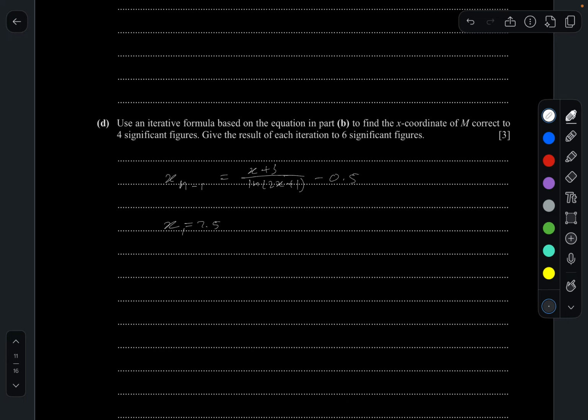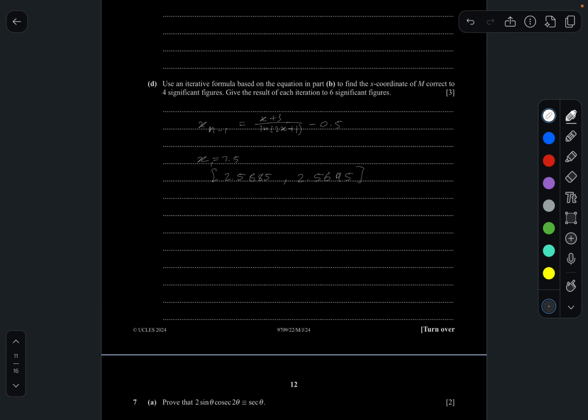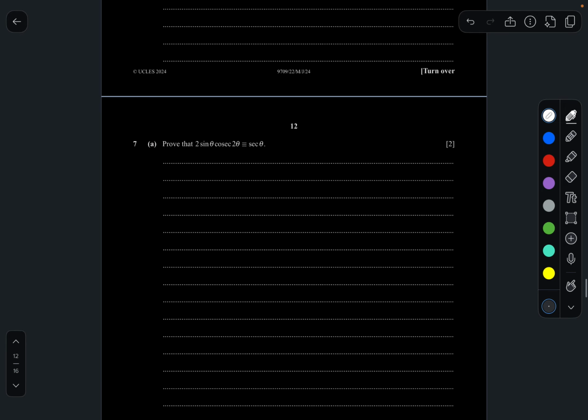If you start with that as x1, you're going to get your answer in the interval between 2.5685 and 2.5695. So that's the answer you're going to get. You remember, you must look until the 4th significant figure doesn't change, but you must round it off to 6 significant figures. So okay, that's it there.